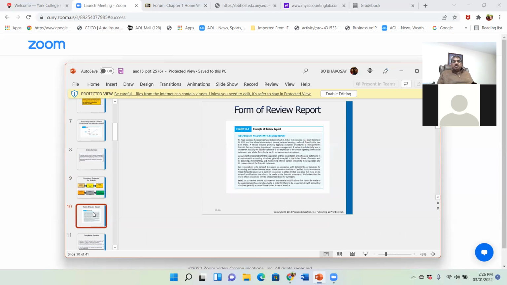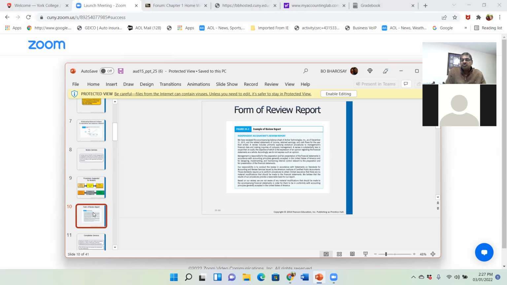And then we have the review report. The review report has 4 paragraphs. It is in your text on page 803. Now, notice the very top of the report, it says independent accountant review report. So when you're doing a review, you must be independent.